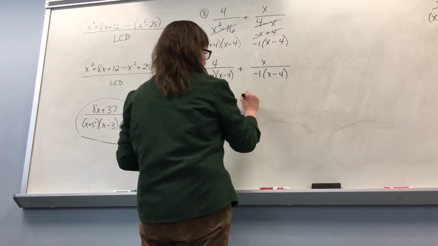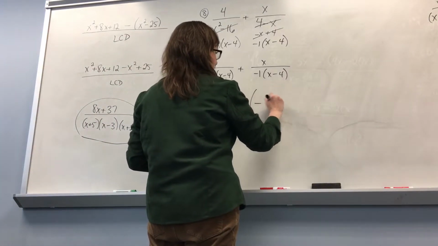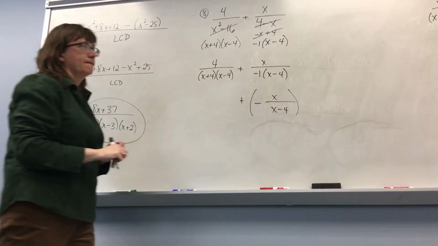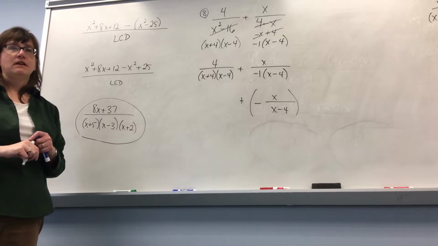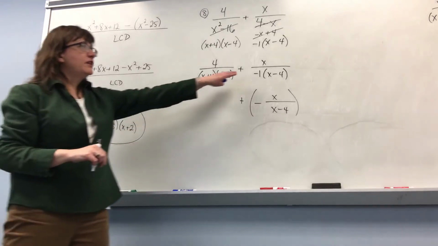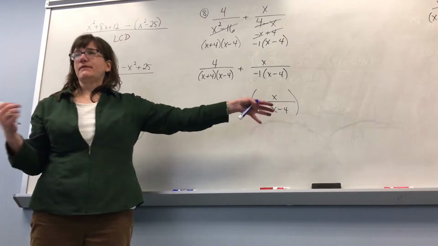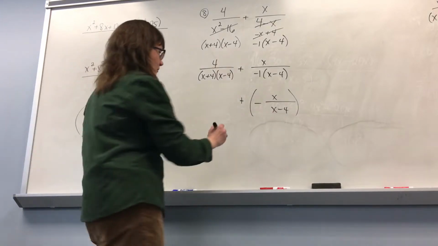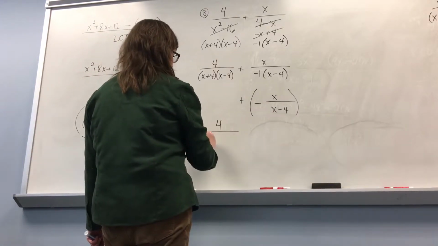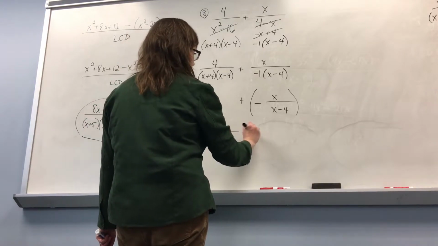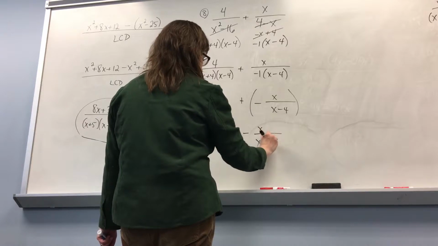So we're going to have plus negative x over x minus 4. I move the negative to the outside of the fraction, and then plus a negative is the same thing as subtraction. So my problem turns into 4 over x plus 4 times x minus 4 minus x over x minus 4.